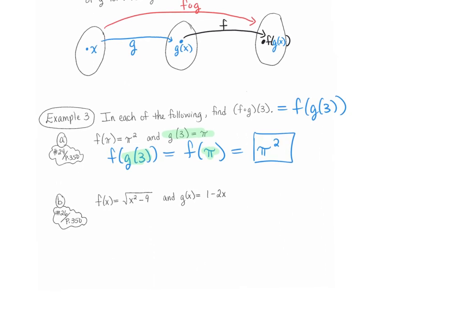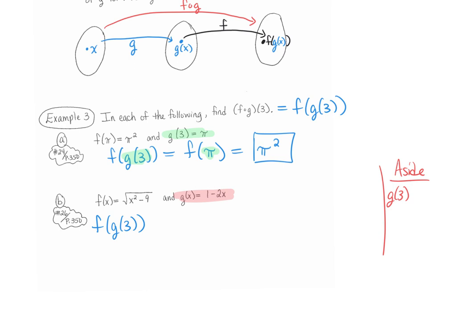Okay, so B, we have f of x equals the square root of x squared minus 9, and g of x equals 1 minus 2x. Our goal is still the same, with different functions in this problem. We have to find f of g of 3, so we need to find g of 3. An aside: for g of 3, we use g of x.